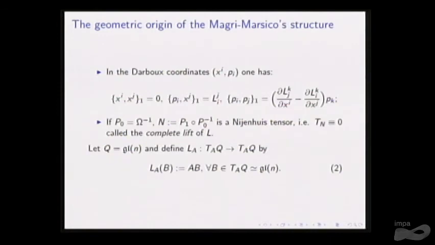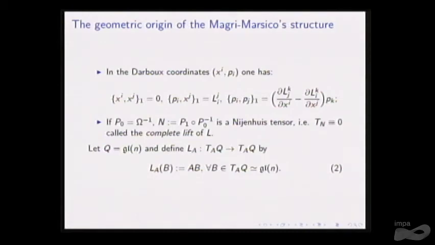What is good to observe here is that if we define again P_0 equal to the inverse of omega, then this N, which is P_1 P_0^(-1), is a Nijenhuis tensor again. So this N is what we get doing a cotangent lift of L to the total space of the cotangent bundle.